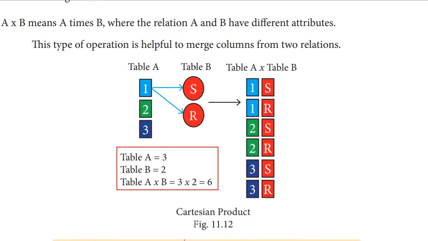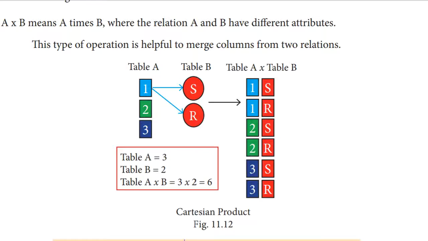In table A we have 1, 2 and 3, and in table B we have S and R. So table A has 1, and table B has the other tuples, and they merge with both tuples. Likewise they have done everything. So table A into table B: if you see, we have S, another one we have R. Likewise 2 and 3 also.